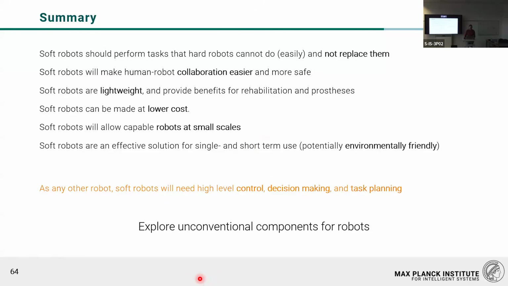So all the improvements in learning, control, decision-making, eventually they will also be applied to robots that use soft robotic elements. My main take-home message is, don't be shy and explore unconventional components for robots, because you might be astounded what you can achieve with that.